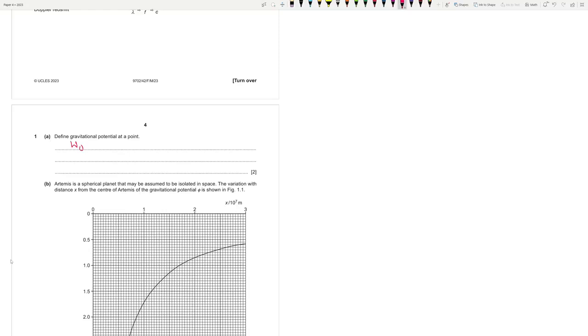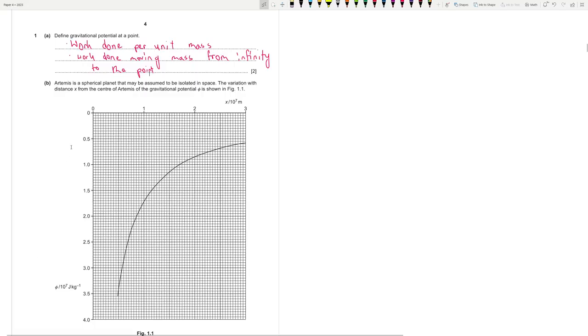So it is the work done per unit mass, and the work is done moving the mass from infinity to the point inside the field. In one line, you could simply state that it is the work done moving unit mass from infinity to the point inside the field. That would work.